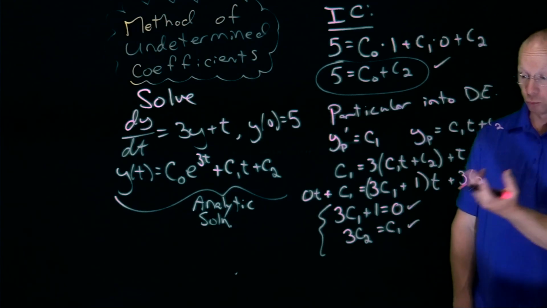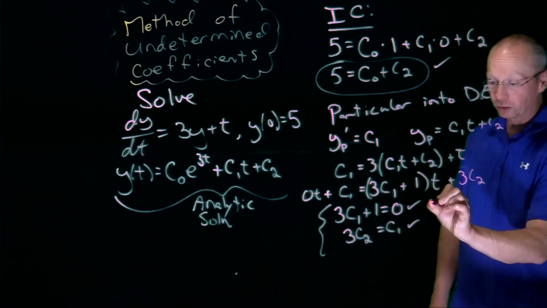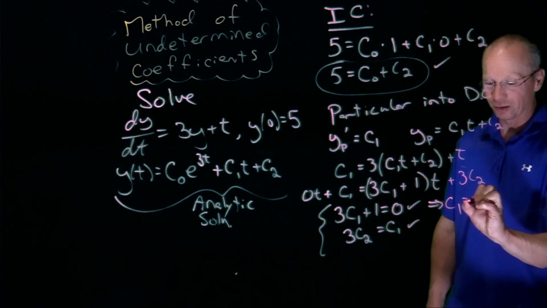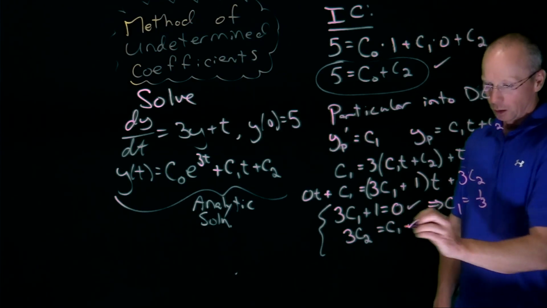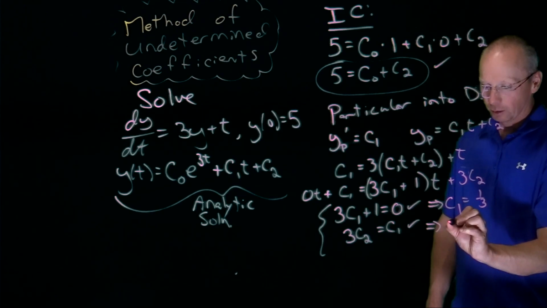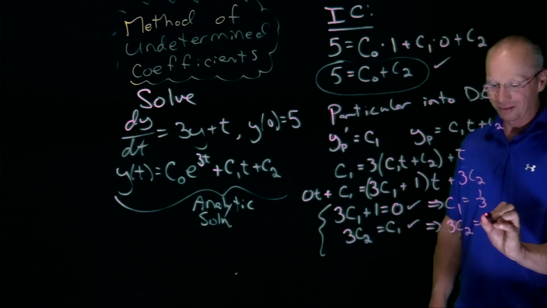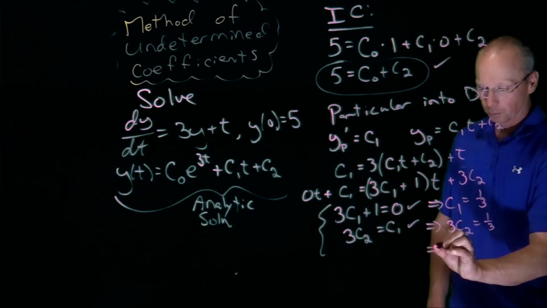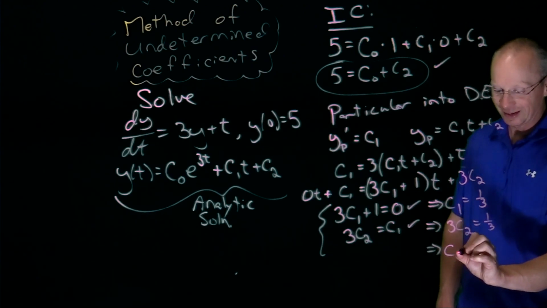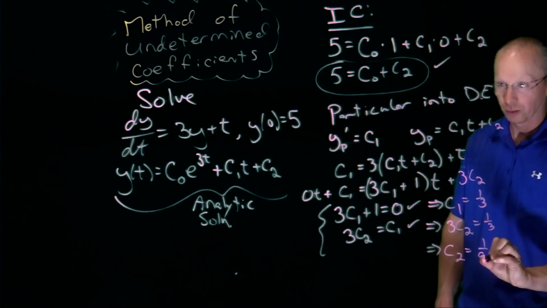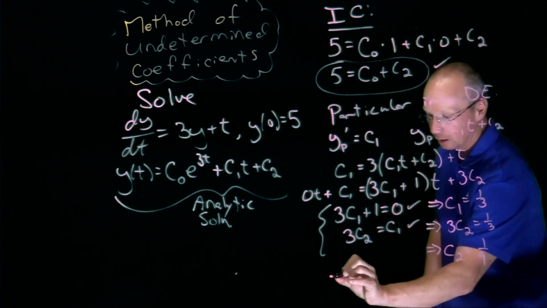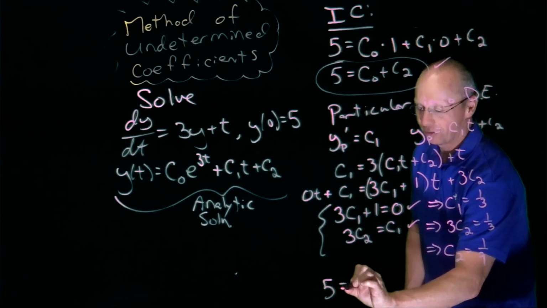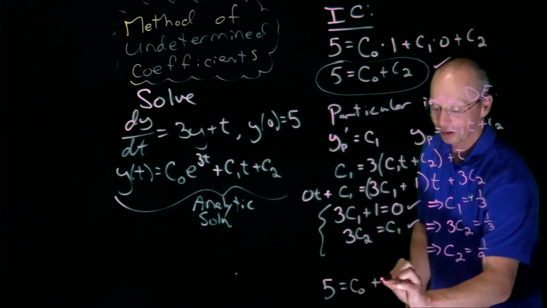The rest is now an algebra problem. I can solve for c1, it looks like, straight away. So c1 is equal to a third. Okay, that's fine. But this tells me that 3c2 is equal to a third, which tells me that c2 is equal to a ninth. And if I come all the way back up here, I got 5 is equal to c0 plus a ninth.